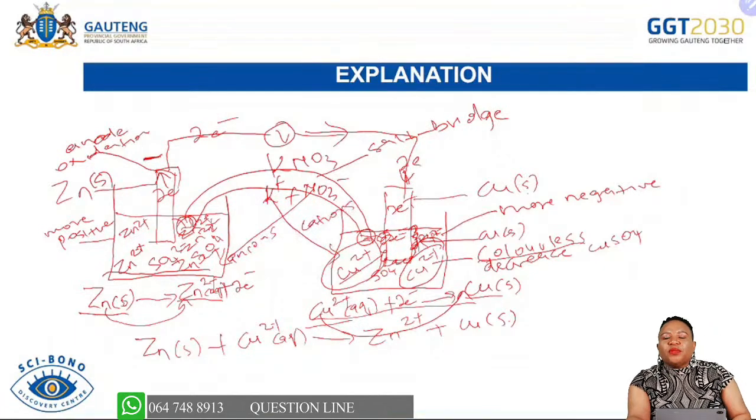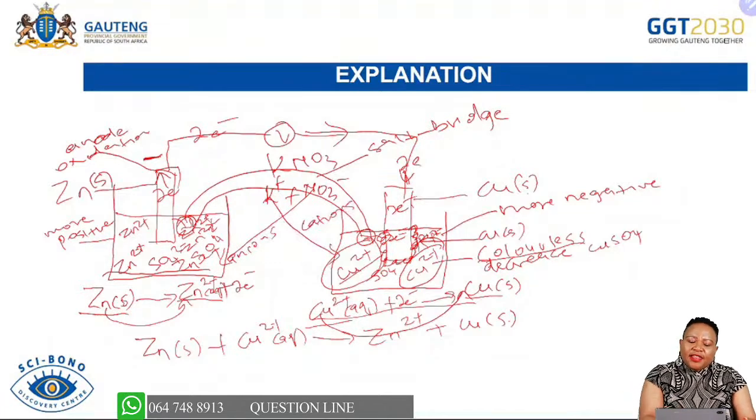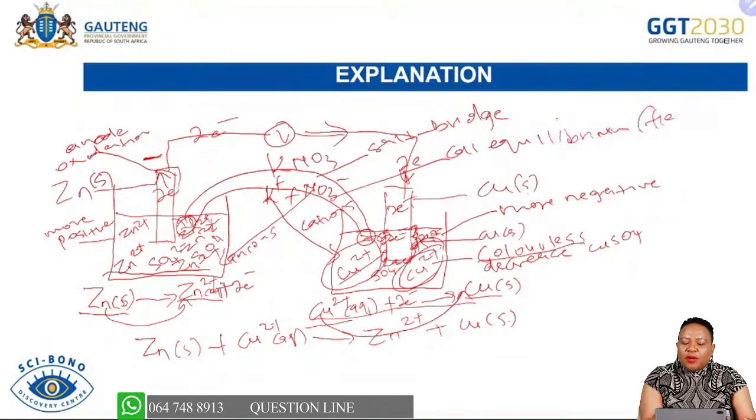So from a salt bridge, we'll see anions going to the side of the anode and cations going to the side of the cathode, just to bring cell neutrality between our electrolytes. This will occur until our cell reaches what? Equilibrium. And when our cell reaches equilibrium, that is where we normally say our battery is flat, meaning that the voltmeter reading or the cell potential, V cell, is now equal to 0 volts.